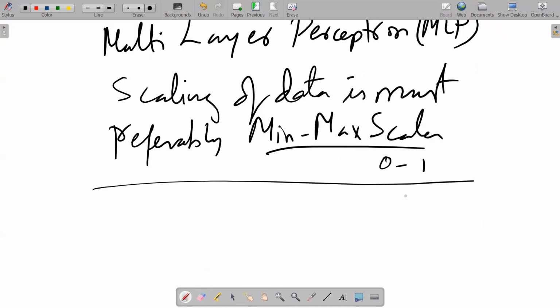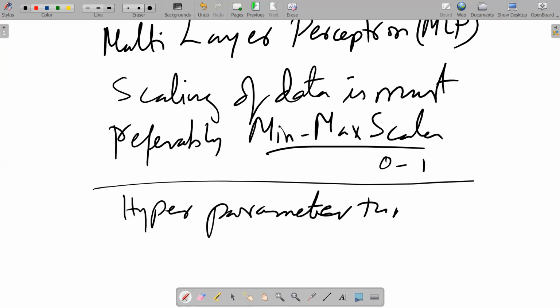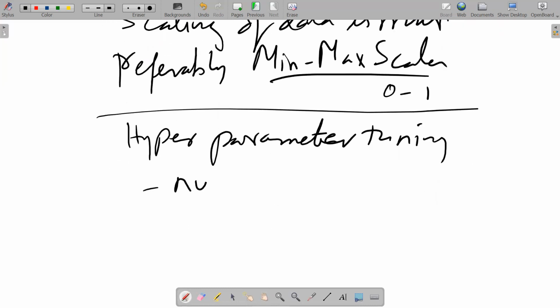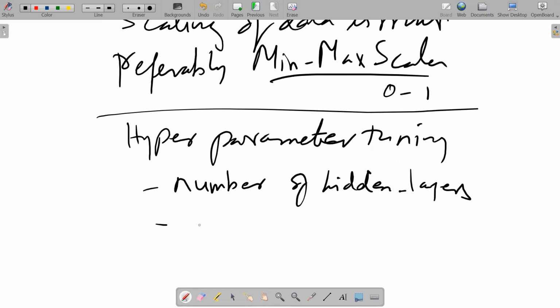When you are looking at hyperparameter tuning: the number of hidden layers, there is no fixed rule, you use grid search to find it. Number of neurons per layer.